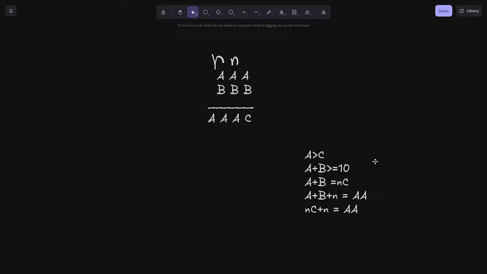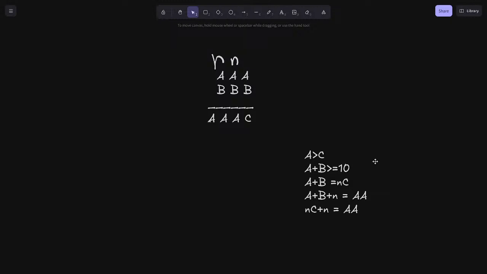So A plus B, 1 plus 9, is equal to NC, that is 10. And also 9 plus 1 plus 1 is equal to AA, 1, 2. Wrong. Even for minimum values, this is not true.